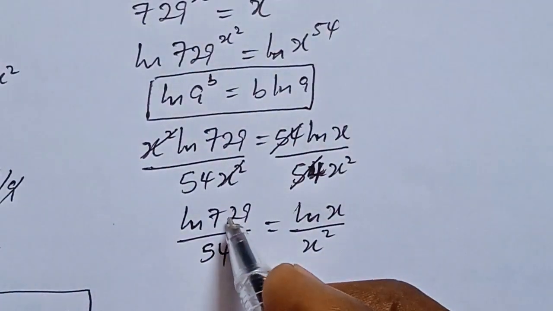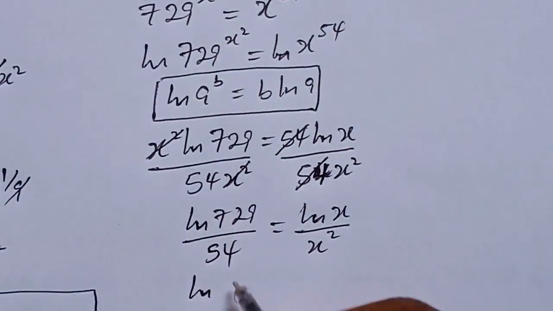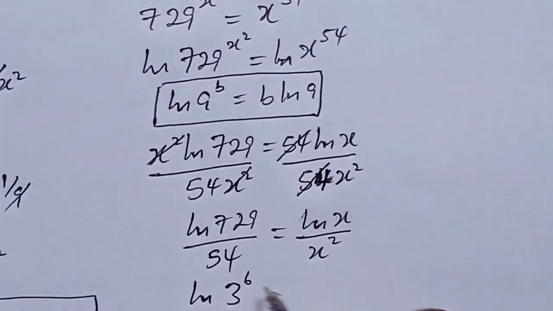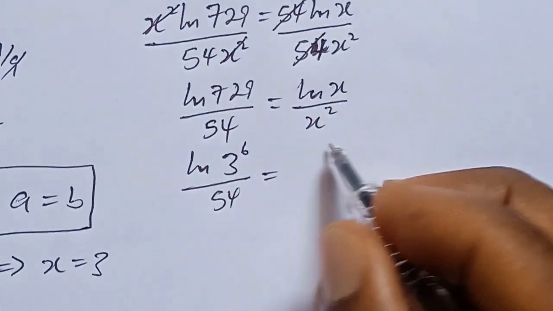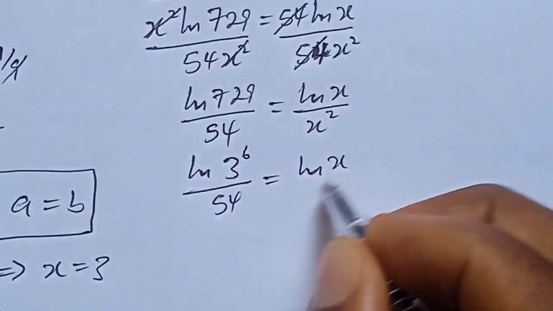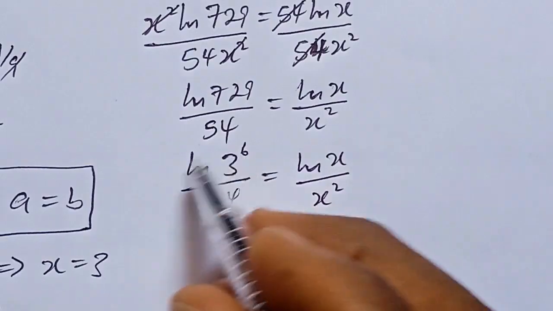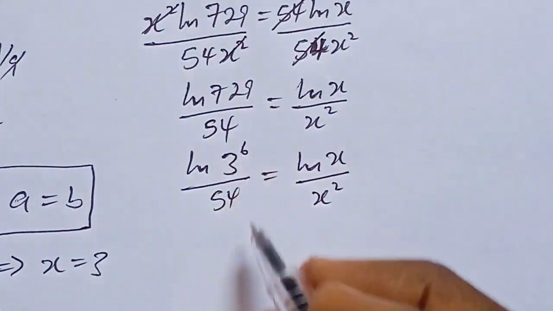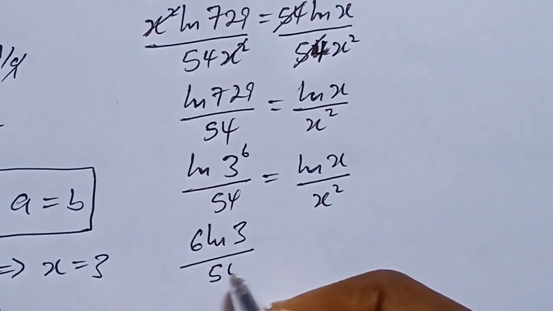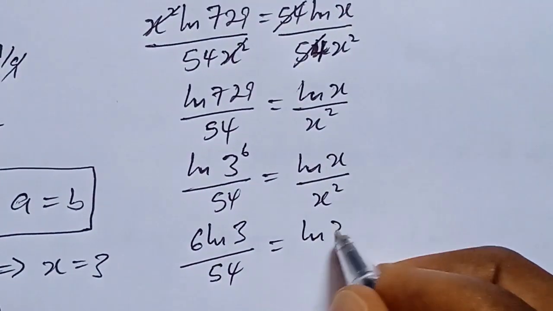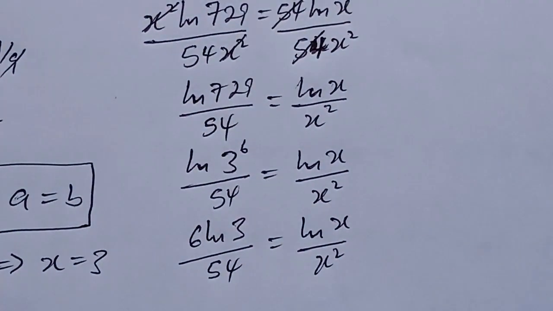If we simplify the numerator on the left hand side, we have natural log of 3 to the power of 6 over 54 equal to natural log of x over x squared, and this exponent can come down to the front. So we have 6 natural log of 3 over 54 equal to natural log of x over x squared.